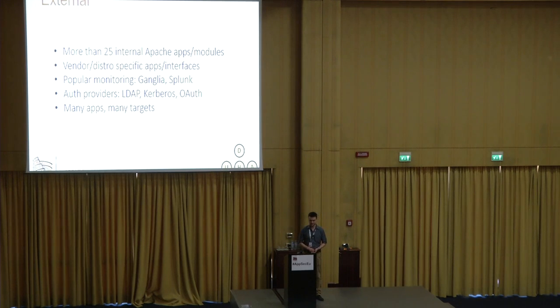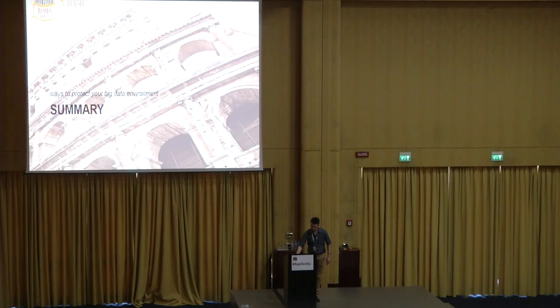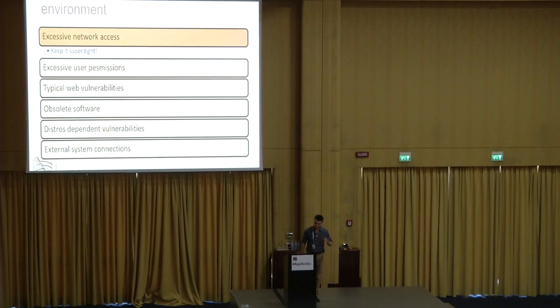We started this Hadoop research around 2 years ago. I think we sent more than 10 or even 20 vulnerabilities to the Apache developers. But I think a lot more has to be done in this case. So as a quick summary, how to protect your Hadoop environment if you are a developer or administrator of such one.